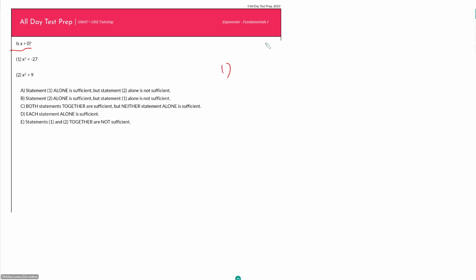Our first statement says x cubed is less than negative 27. Here we have an odd power, which means the overall value for our exponent is going to retain the sign of our base.